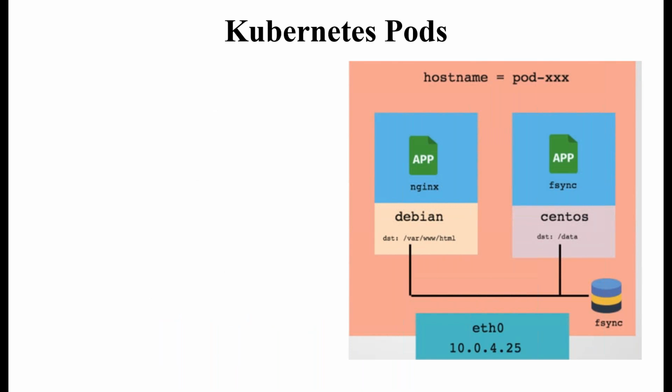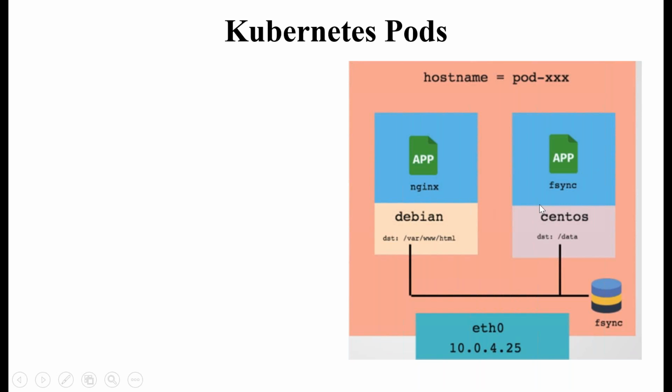Some more points to understand from the pods point of view. In this diagram, if you observe, we have Nginx as one container, and this Nginx is running on the Debian distribution. And one more application, fsync, which is for synchronization, running on the CentOS distribution.